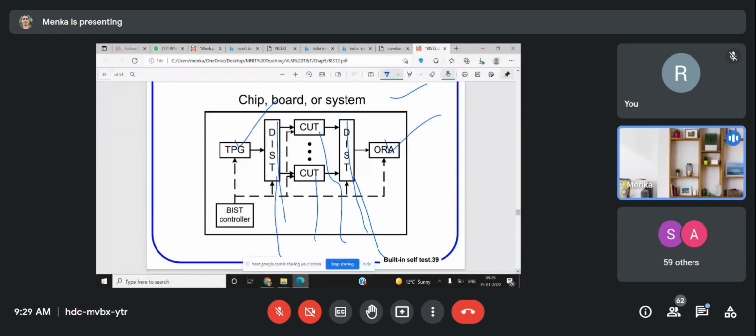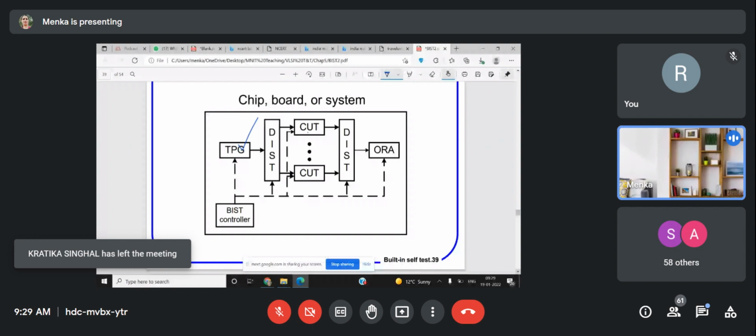Here you can see there are multiple CUTs available. The BIST controller says whatever you are going to do, test pattern generation and analysis. The test pattern is given to each CUT through the data distributor unit, and at the receiver end also there is no direct ORA.